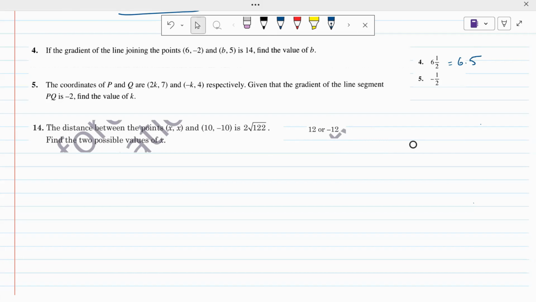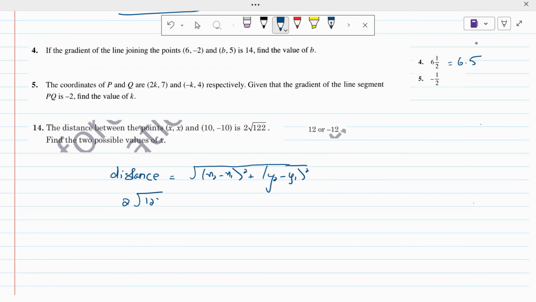Since the distance is given to us, we'll start with the distance formula, that is under root (x2 minus x1) whole square plus (y2 minus y1) whole square. The distance is 2 under root 122.